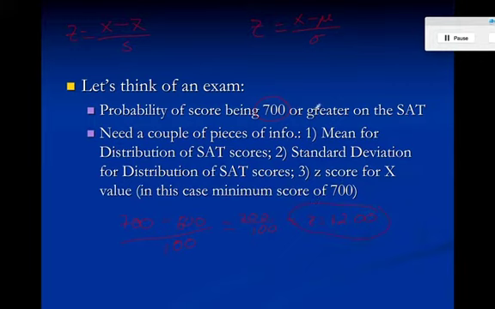So now my question changes just a little bit. I now want to know what's the probability of someone getting a z-score equal to 2 or greater. Okay? So essentially this means the exact same thing as here, because all I've done is convert this 700 into a z-score.